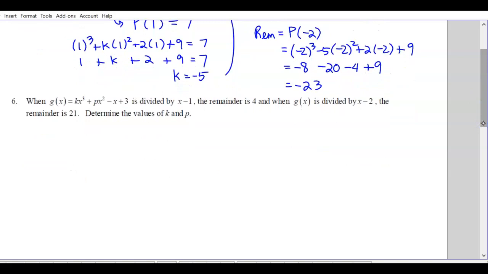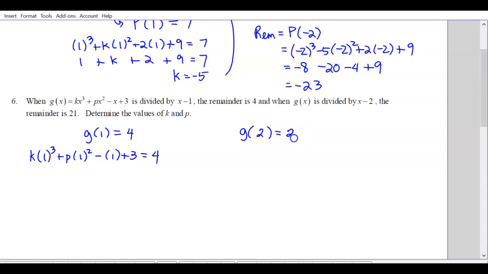Okay, so g of 1 is going to be equal to 4. So what's g of 1? k times 1 cubed plus p times 1 squared minus 1 plus 3. Okay, then g of 2 will give us 21.